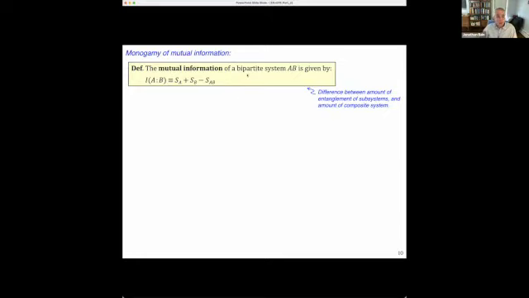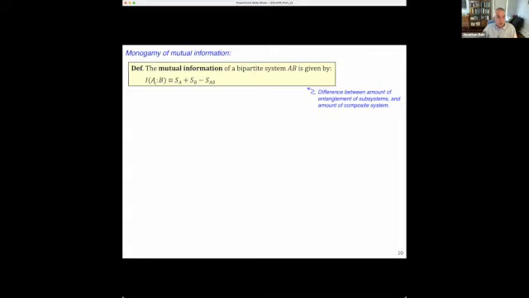So the mutual information for a bipartite system AB, call it I(A:B), is defined to be the entanglement entropy of subsystem A plus that of subsystem B minus that of the composite system AB. Intuitively, it's the difference between the amount of entanglement of the two subsystems and the amount associated with the composite system.